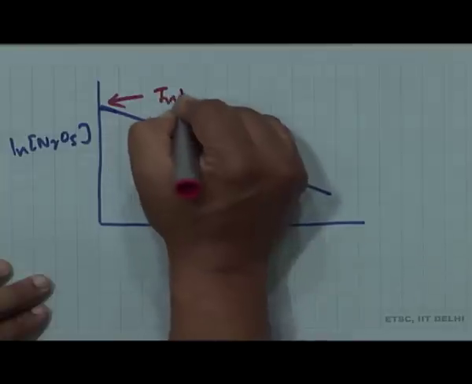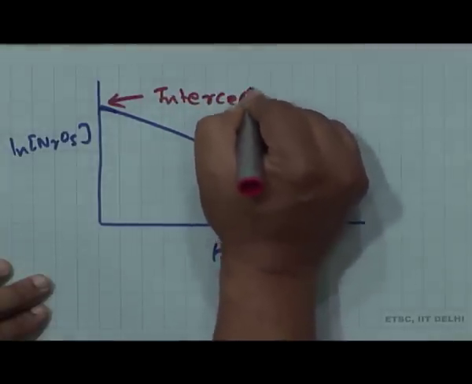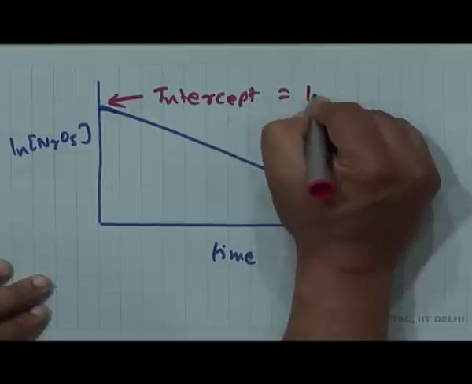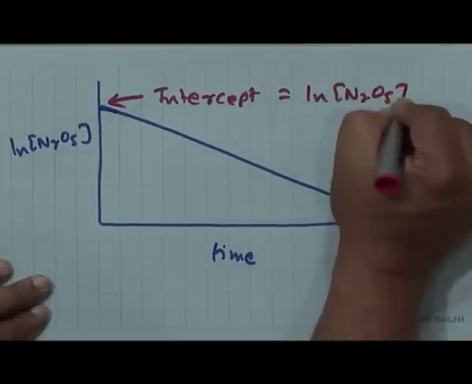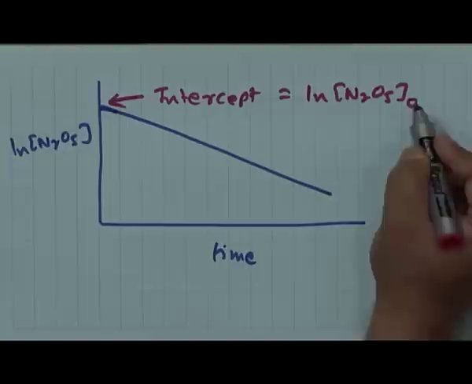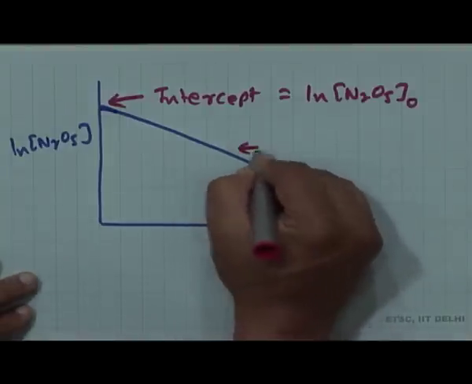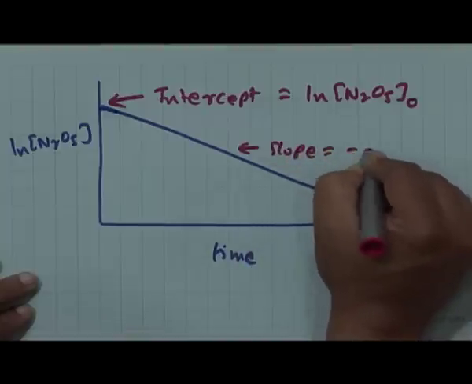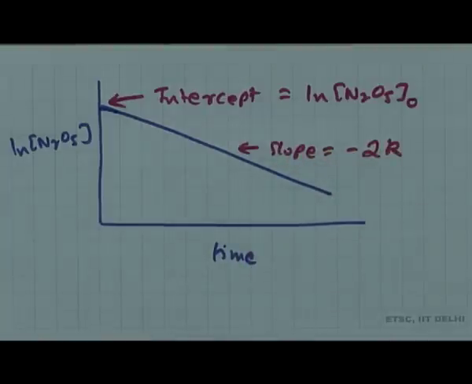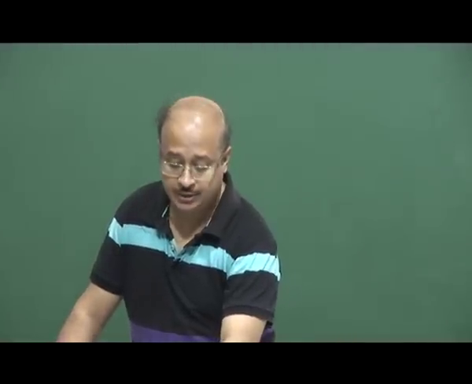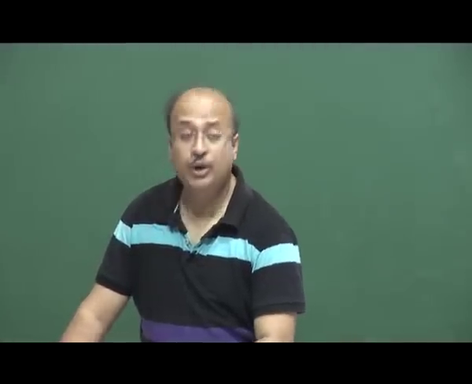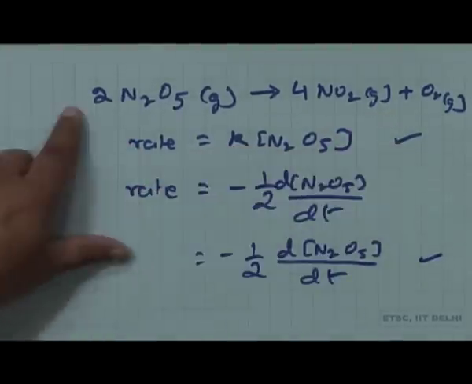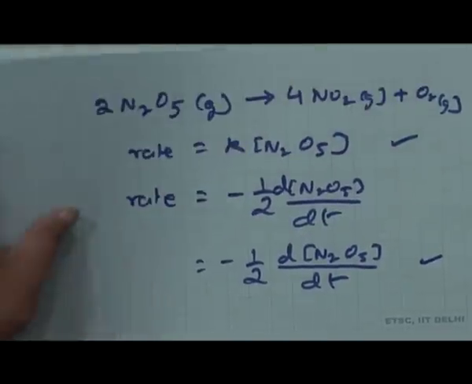My intercept again would be natural log N2O5, the initial concentration. But look at the slope now, the slope is equal to minus 2 K. This is what is important. That stoichiometry which appeared in that equation, where 2 N2O5 goes to 4 NO2 plus O2, this stoichiometry has to appear.